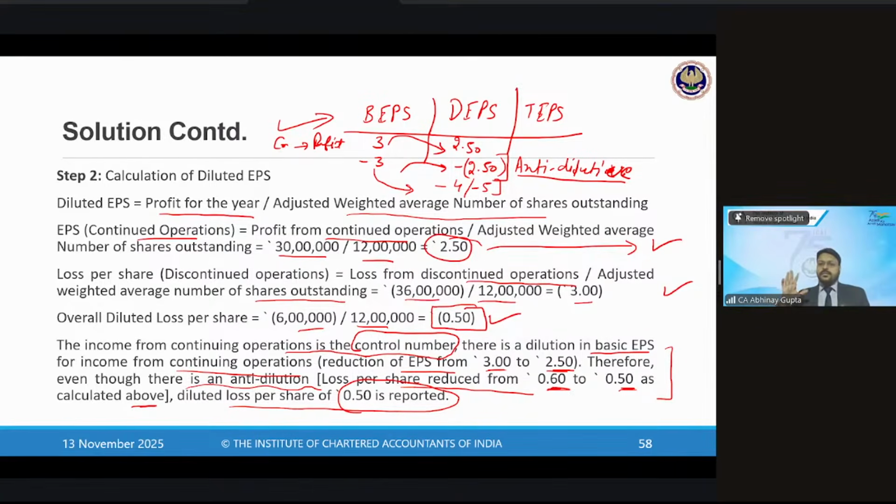And the standard prima facie says that we will not consider the anti-dilutive adjustments for the purpose of calculation of diluted earning per share. So what does the standard mean by saying this? The standard says if post dilutive instruments adjustments, earning per share instead of dilutive is becoming anti-dilutive, then what will we do? We will say basic and diluted earning per share are the same, right?